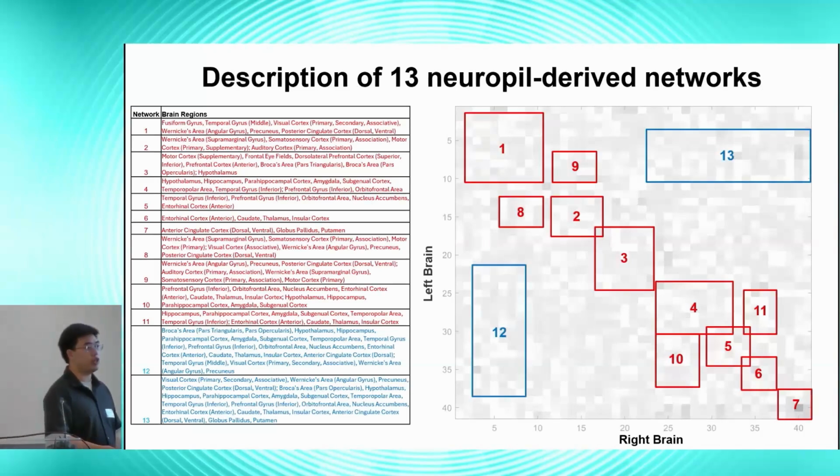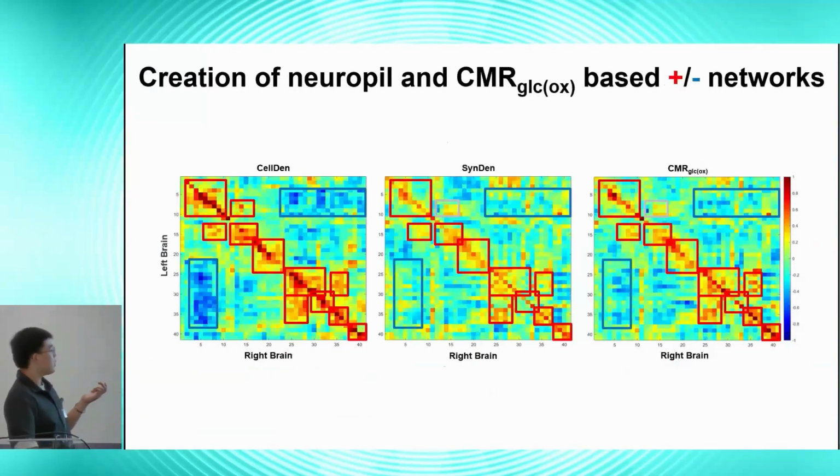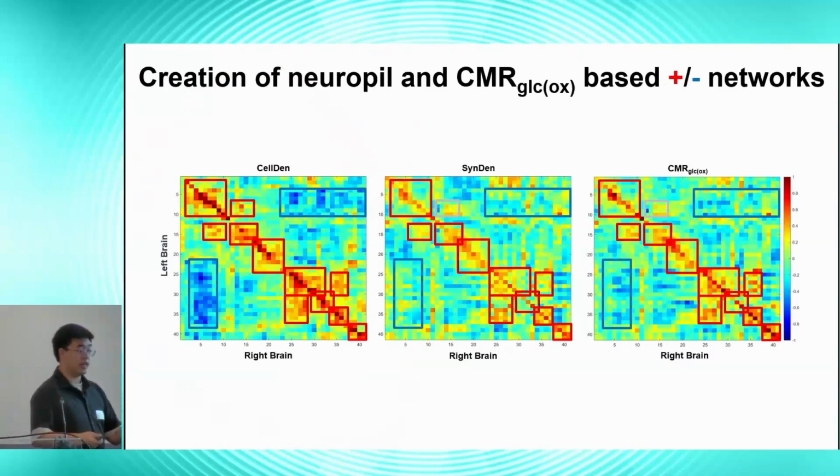And so qualitatively, looking at our results, we get these 13 Neuropil-derived networks, 11 of which along the diagonal are positively correlated, and we have 2 negatively correlated ones, or anti-correlated. And to explain where we get these, first we look at the CELDEN and we compare the left brain and the right brain. And from this, qualitatively, we see we have these 13 networks.